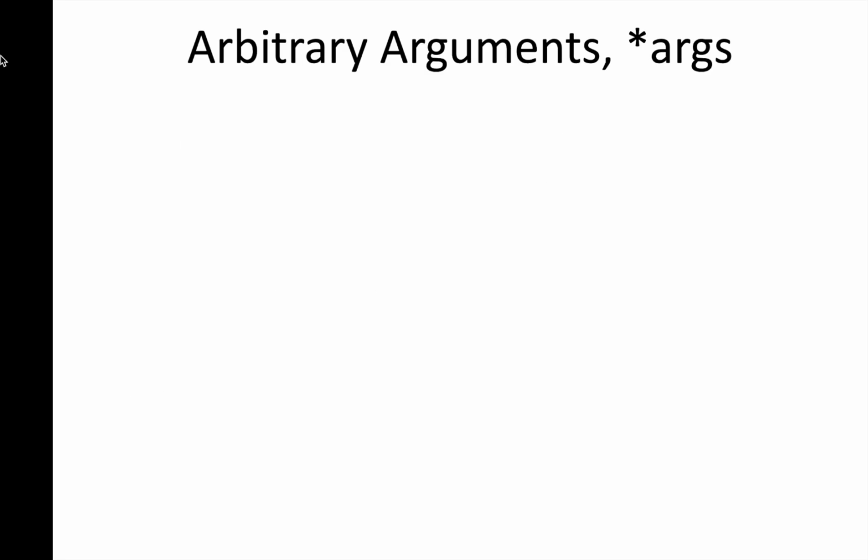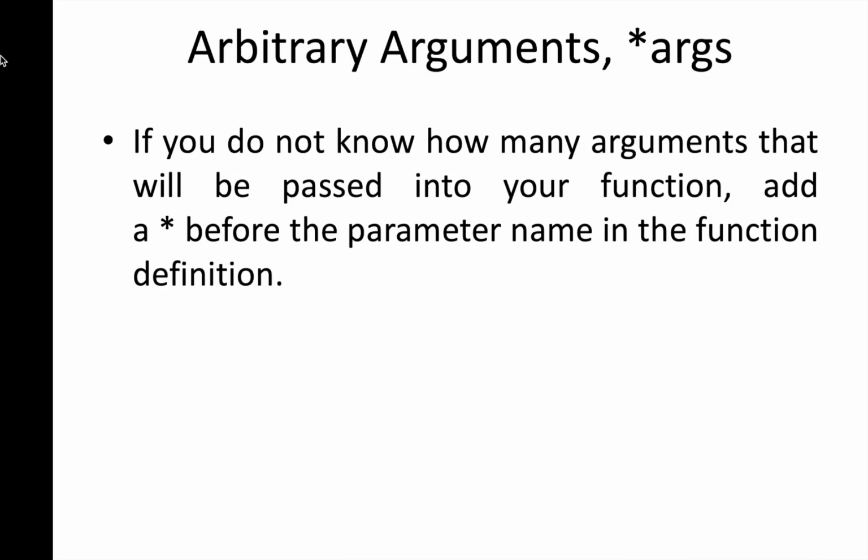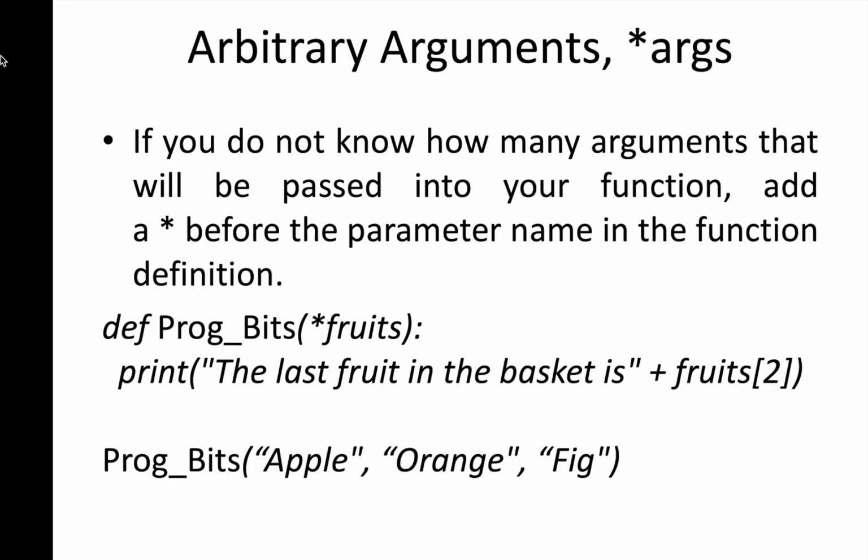Next we have something called arbitrary argument. This arbitrary argument is used when we do not know how many parameters will be passed in the function definition. In this program we are using star fruits as an arbitrary argument.